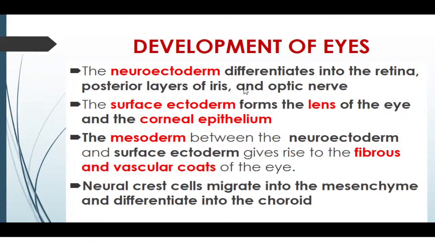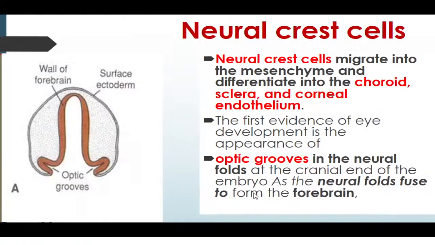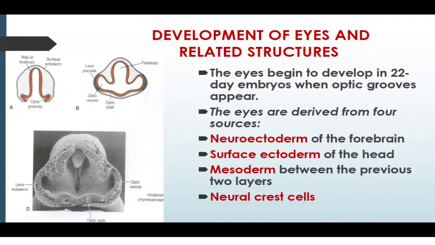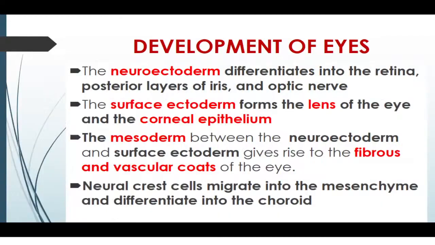On the other side, surface ectoderm forms the lens placode, which is later transformed into the lens of the eye, and the corneal epithelium.